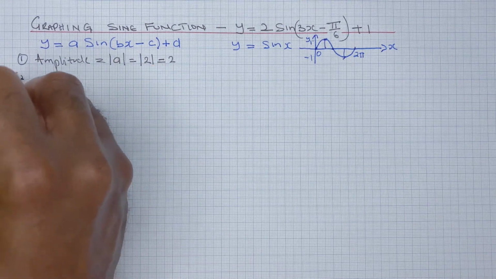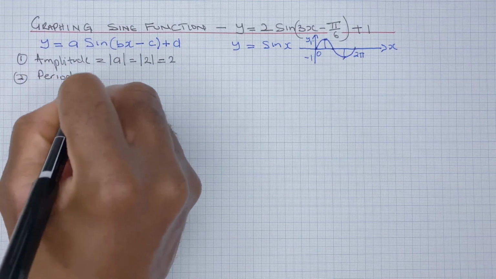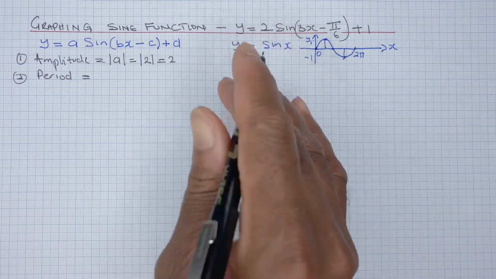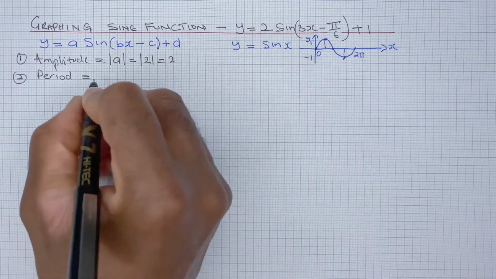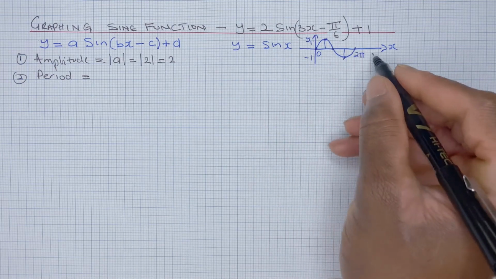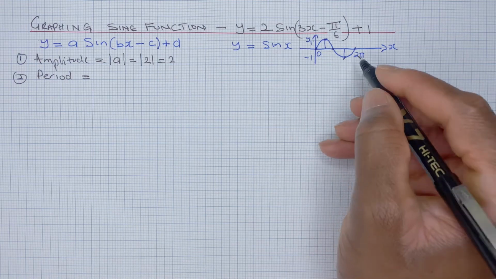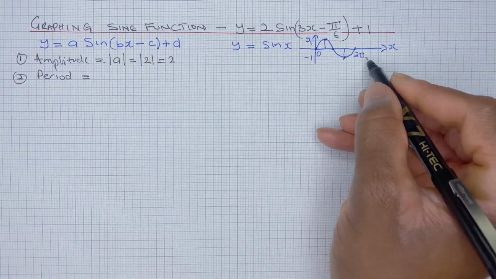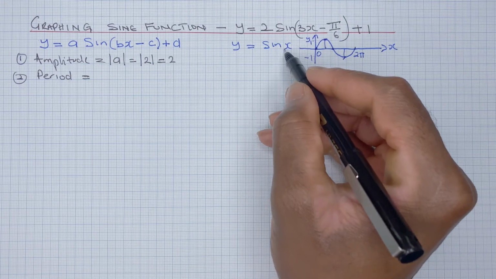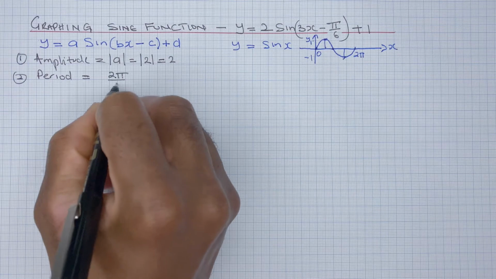Number 2 is the period. The period of the parent sine, parent meaning the original sine, is 0 to 2π. So that's one period. That means 2π over 1, because b is 1. So period is 2π over b.